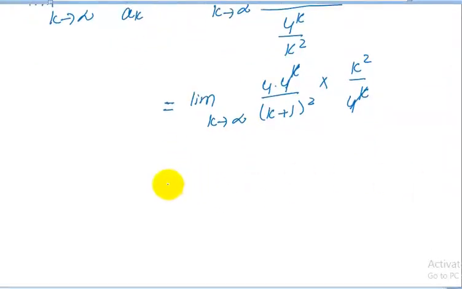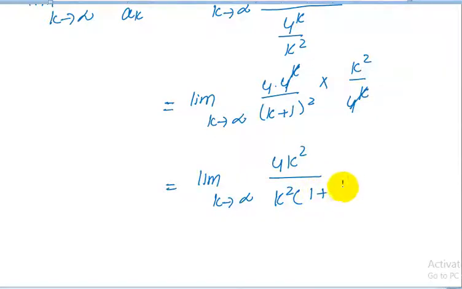In the next step we can write it as limit k approaches to infinity 4k square upon (k+1) whole square, which can be written as k square into (1 + 1 upon k) whole square, by taking k square as common.